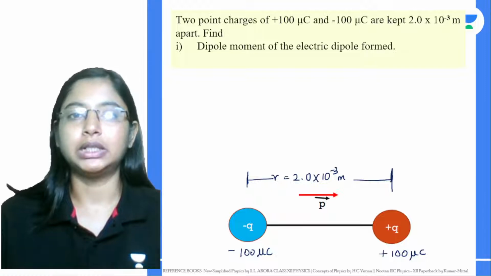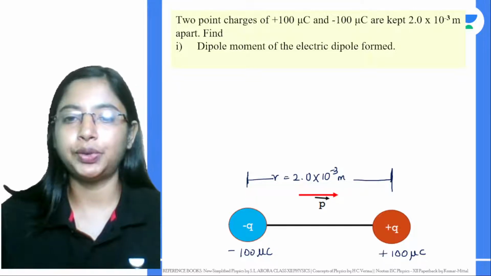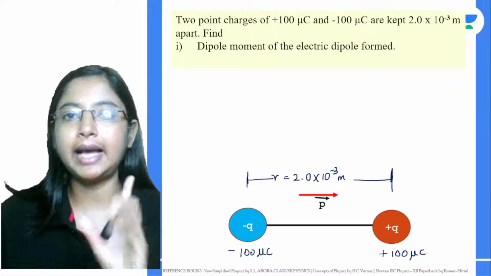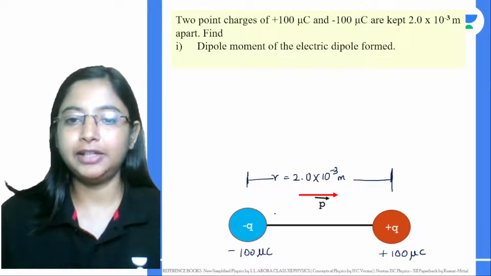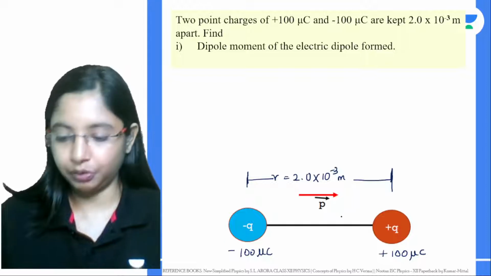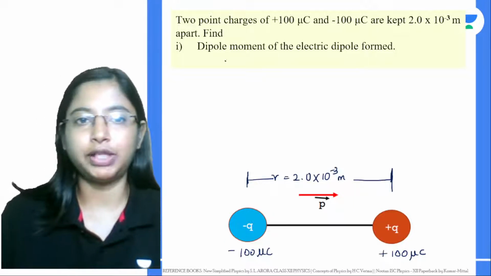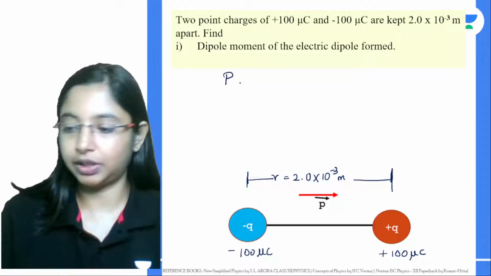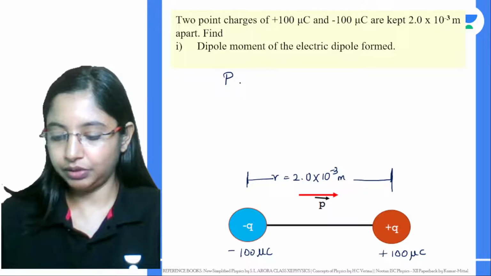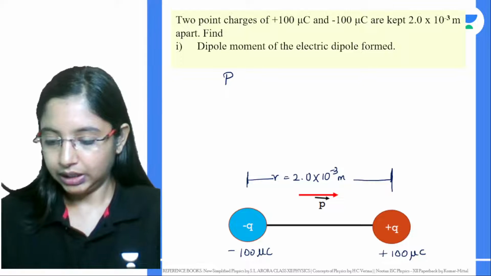From here, the first question we are going to answer is, what is the dipole moment of this electric dipole? Here there is an electric dipole that is formed. Can any of you tell me the formula for dipole moment? We use P to denote dipole moment.